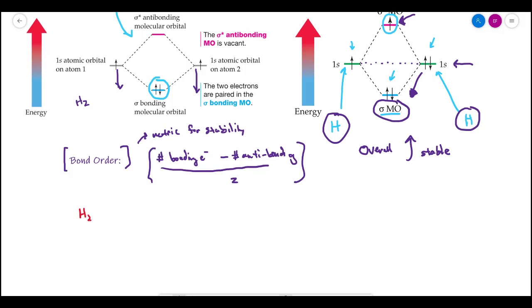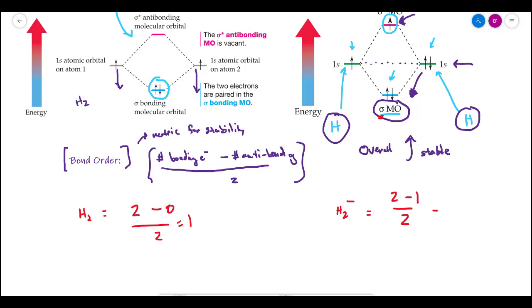That's going to be, let's count this. So we've got 2 in our sigma bonding, and we have 0 in our anti-bonding. Divided by 2, that's going to give us a bond order of 1. And on the H2 minus ion over here, we've got 2 in the sigma bonding minus 1 in the anti-bonding.